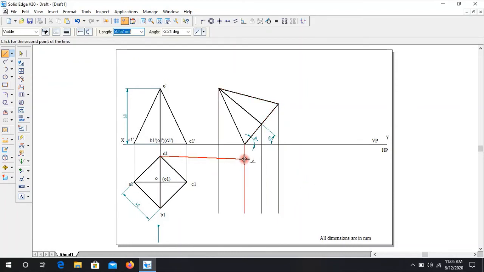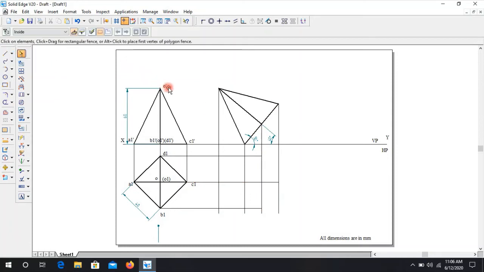Horizontal projections. Let me complete the naming also. This is point C1 dash.